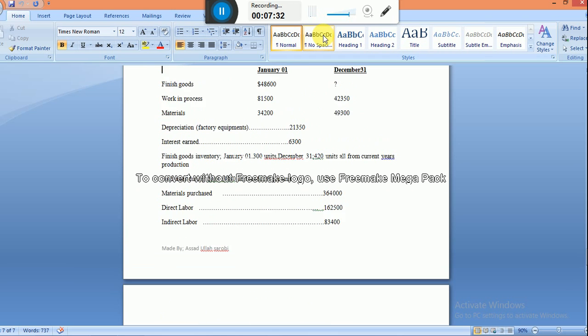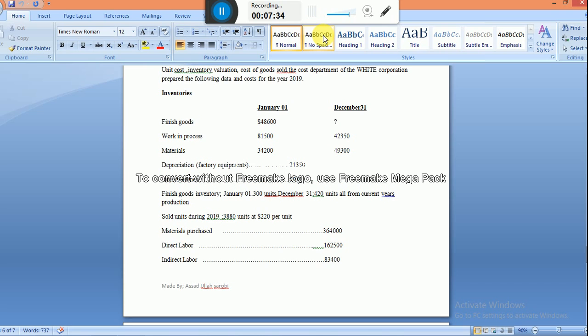A little bit of calculation is required. In our previous questions the beginning and ending finished goods inventories were given, but here the ending inventory on December 31st is a question mark. Question mark doesn't mean that finished goods are zero.